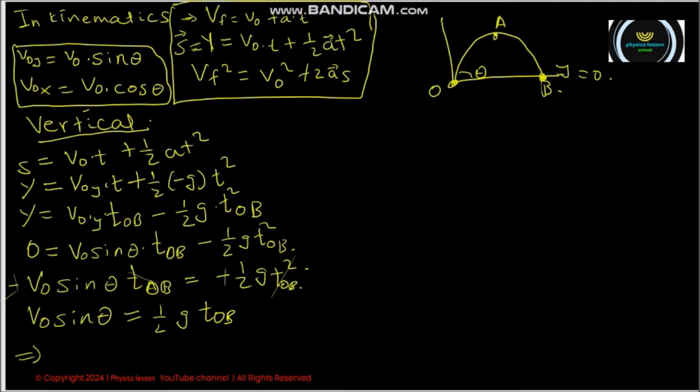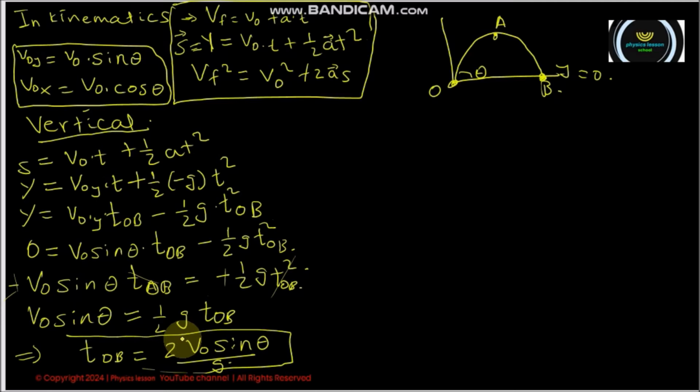This implies the time from O to B is equal to twice v naught sine theta over g. This is the total time of flight.